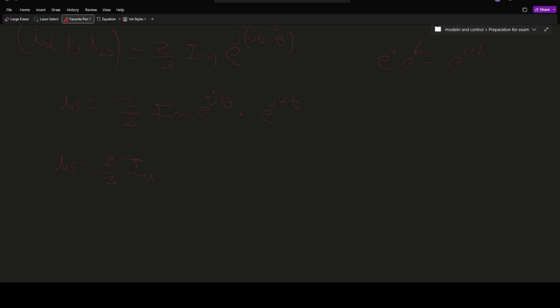This is based on what we just saw, and this is our dq reference frame. And here we have e to the j omega t. So this is our relationship between our time phasor and our space phasor. Hope this helps.